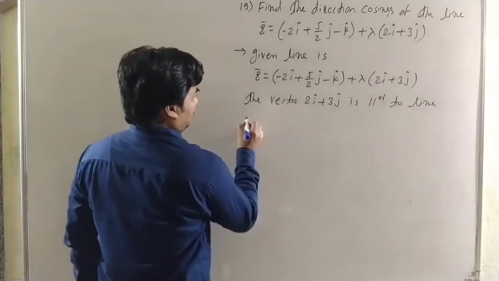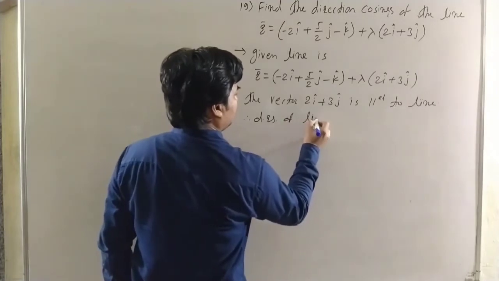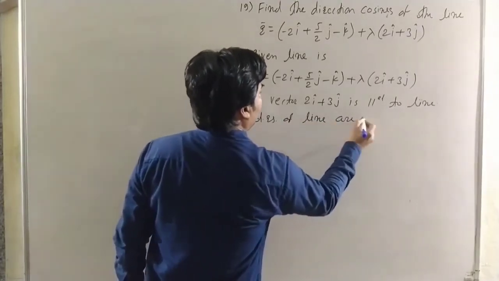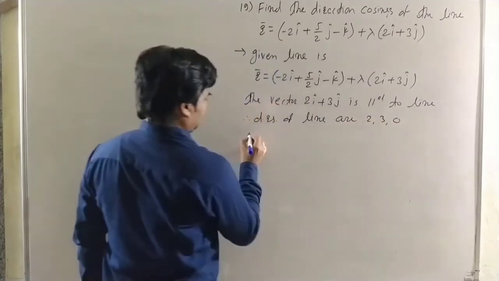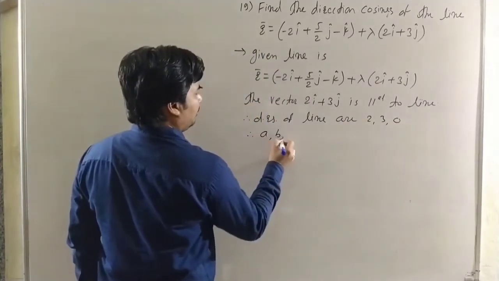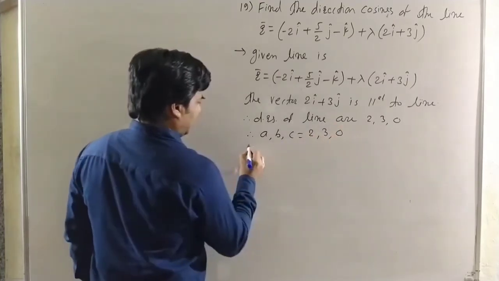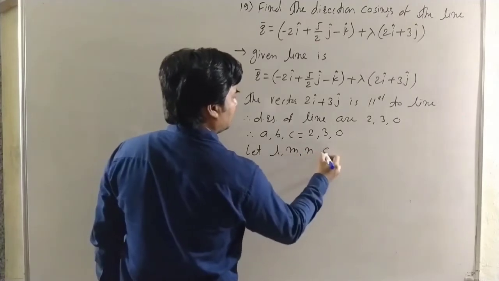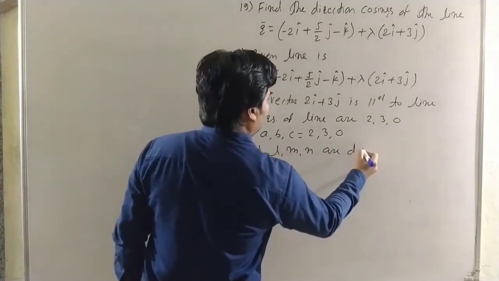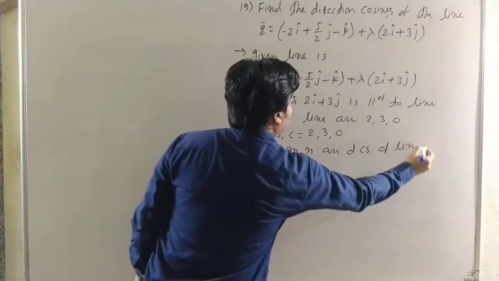Here, therefore, the direction ratios of the line are 2, 3 and 0. Therefore you can write a, b and c as 2, 3, 0. Let l, m and n be the direction cosines of the line.